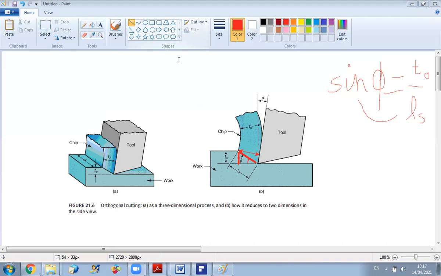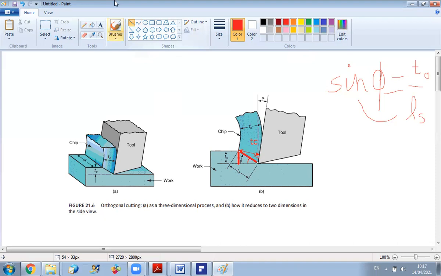This is a perpendicular angle here, 90 degrees. In order to find a relation between Tc and Ls, I need this angle. I will use another color.